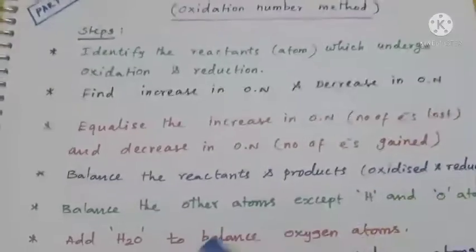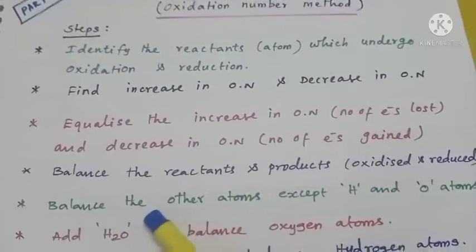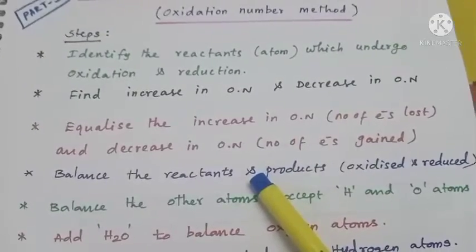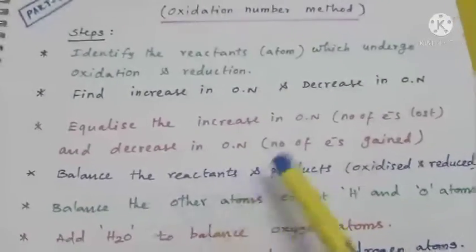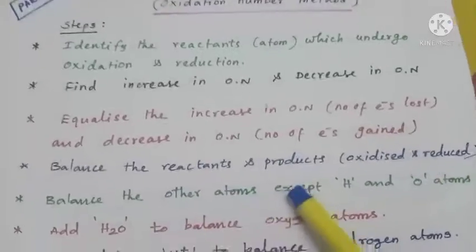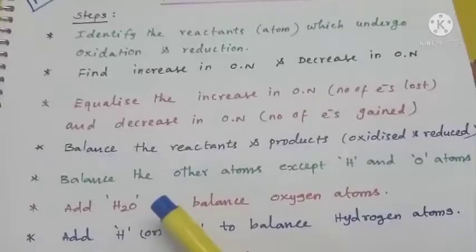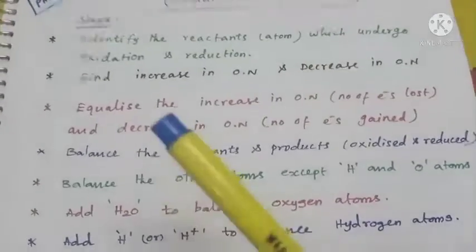So balance the reactants and products, that is, the atoms getting oxidized and reduced. Then after that you have to balance the other atoms, except hydrogen and oxygen. Then finally you have to balance oxygen, then finally hydrogen.